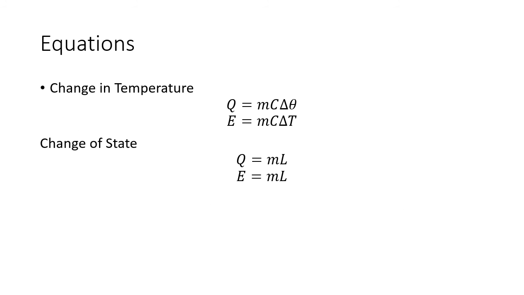Here are the equations. In both cases, the top one is perhaps the proper equation. The bottom one is the one I tend to use. I'm not a huge fan of using Q for energy, probably because I was originally an electrical engineer and we use Q for charge. Chemists and thermodynamicists do use Q for energy.